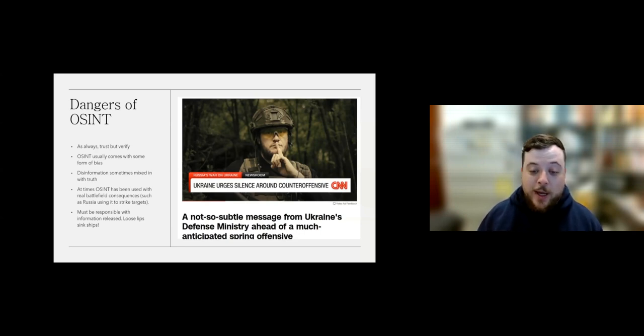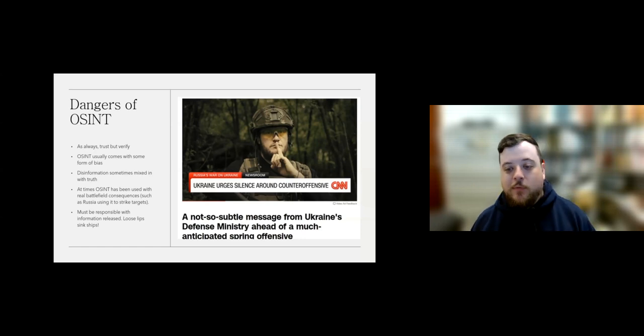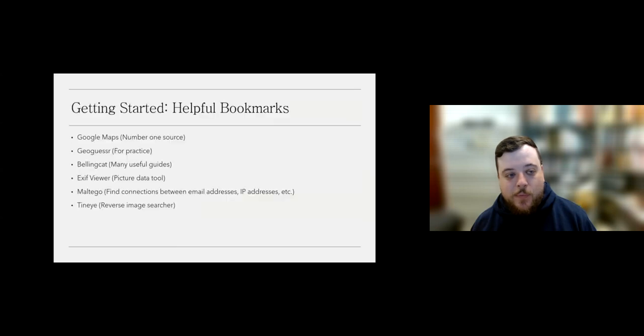Because it does have real world consequences. That's kind of up to you to decide. But again, there have been instances in the past where people have been hurt or killed, unfortunately, because of stuff being released like this. So you always have to be careful of the stuff that you're covering.